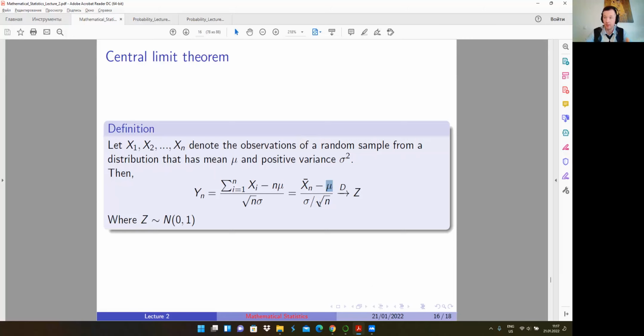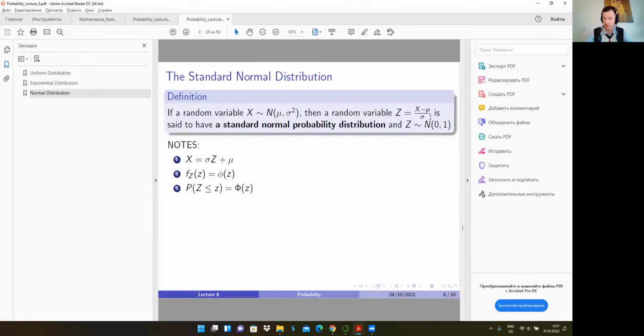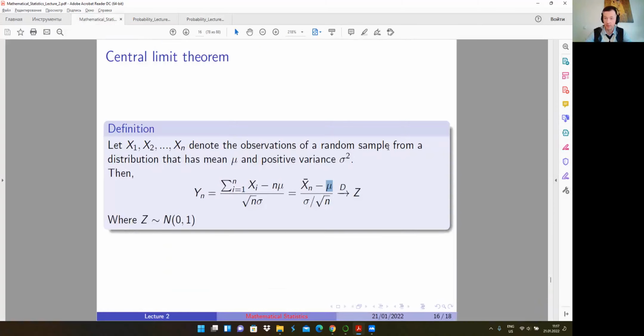It's sigma squared over n. Therefore, in the denominator, instead of sigma, I must have sigma over square root of n. That's where this square root of n comes from.